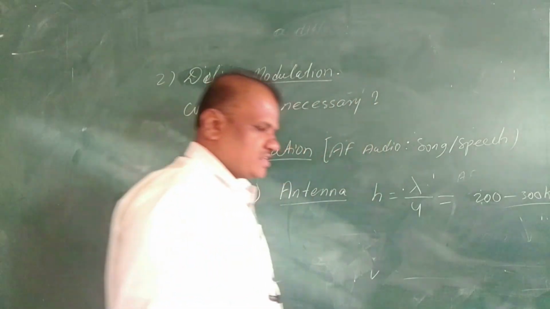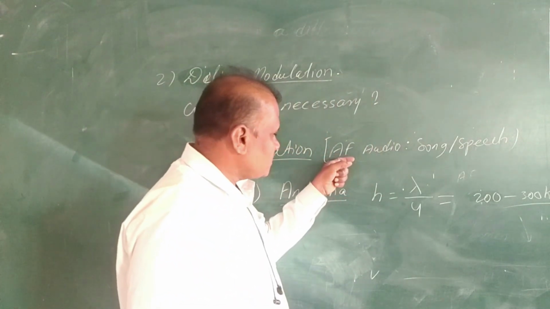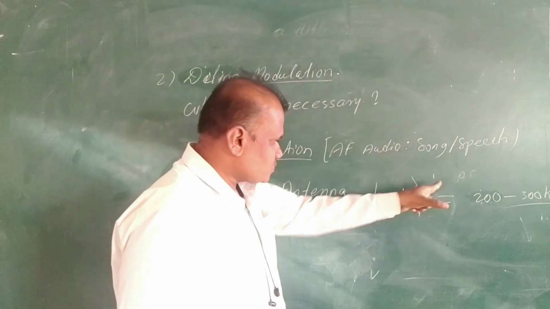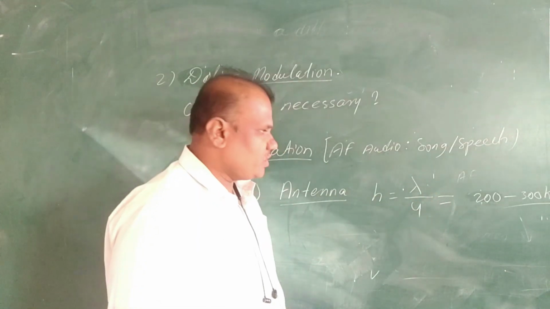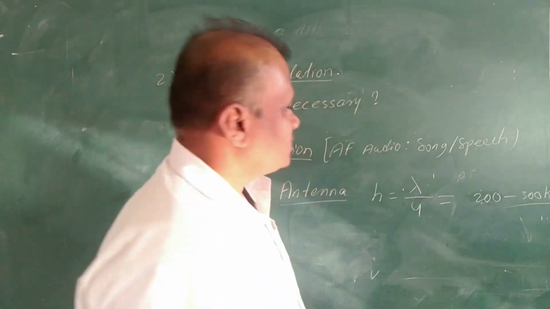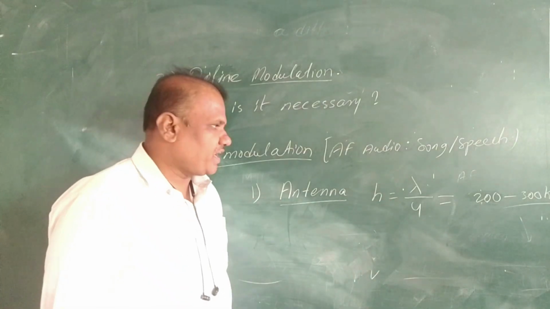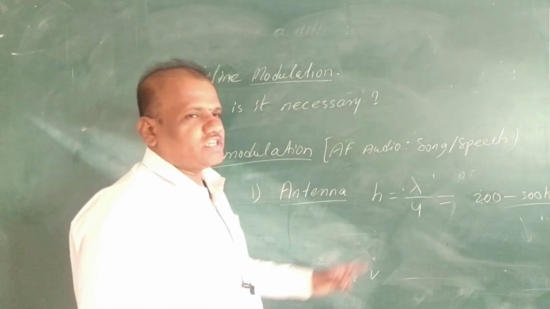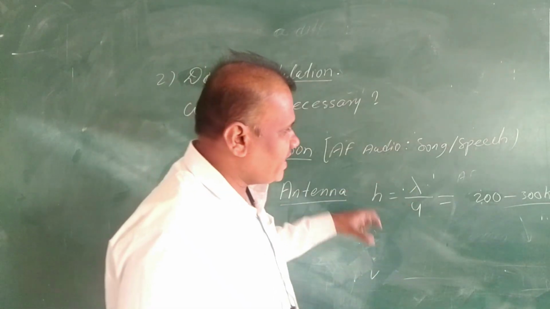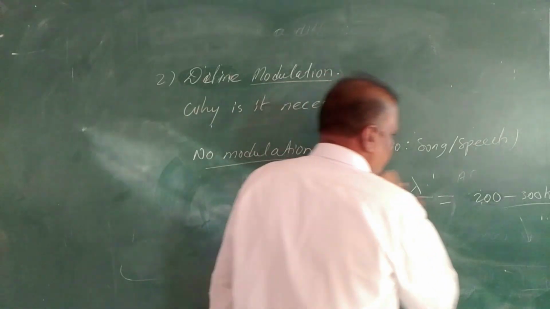First of all you have to convert the audio signal frequency into wavelength, then substitute that wavelength in this equation, and then you get the height of the antenna, in the range of nearly 200 to 300 kilometers. Practically it is not possible to construct an antenna whose height is in the range of kilometers. So that is one problem.